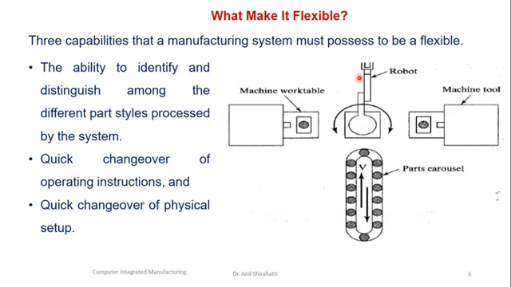Now the robot should be capable of picking this new part, putting it into machine 2 first, and then taking it to machine 1, and then stopping the operation. So this change in the machine sequence, and also the change in the robot sequence, is flexible enough. If I'm doing small changes in the program, all this process will be accommodated. So this is nothing but a flexible type of manufacturing.